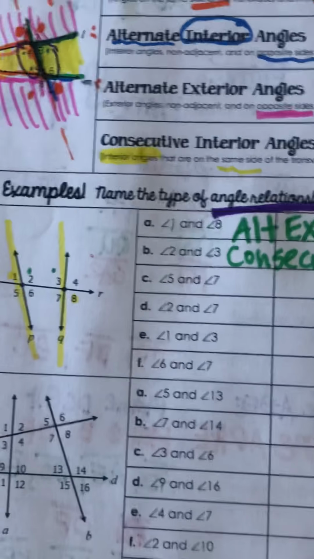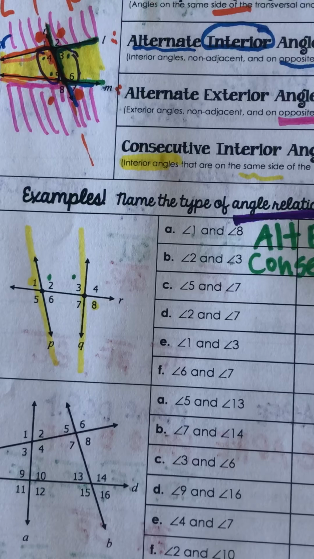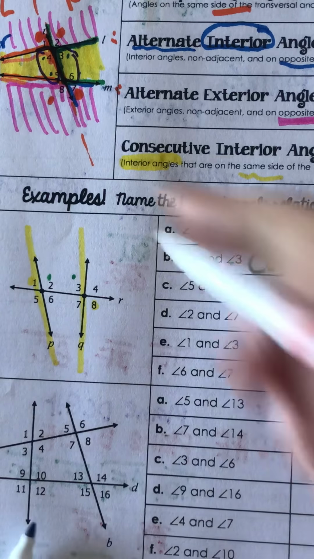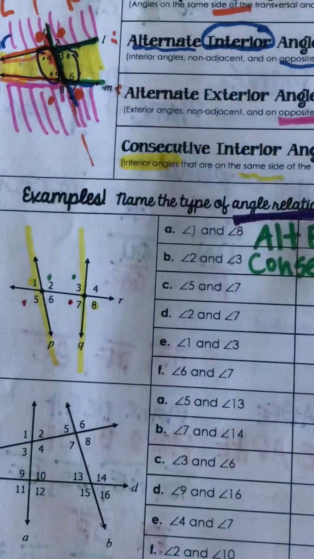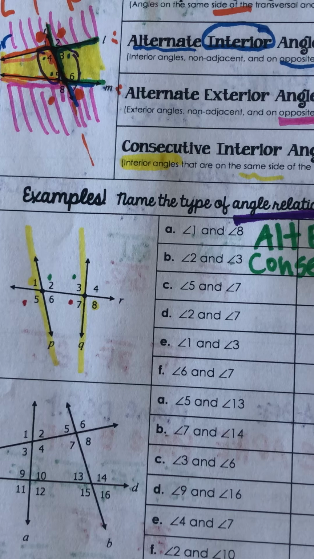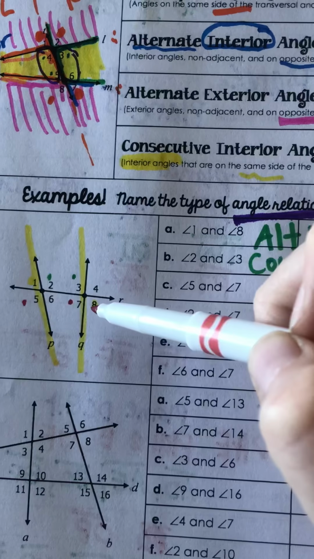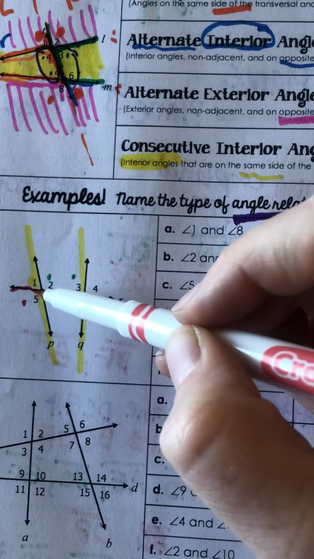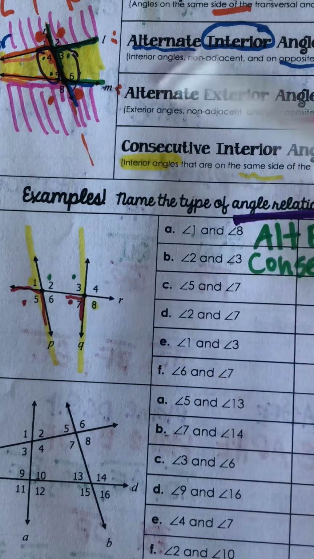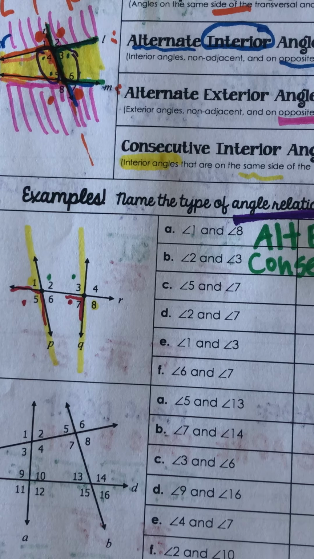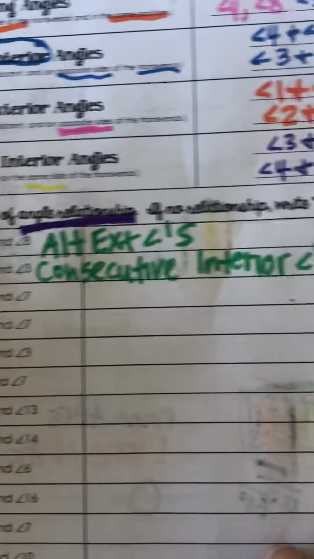All right, number 3, or C, 5 and 7. All right, let's look at that. So I have 5, 7, okay? Those are on the same side of my transversal, so they're not alternating, and they lay at the same kind of location. They're on the top of the two lines, so that's a corresponding.